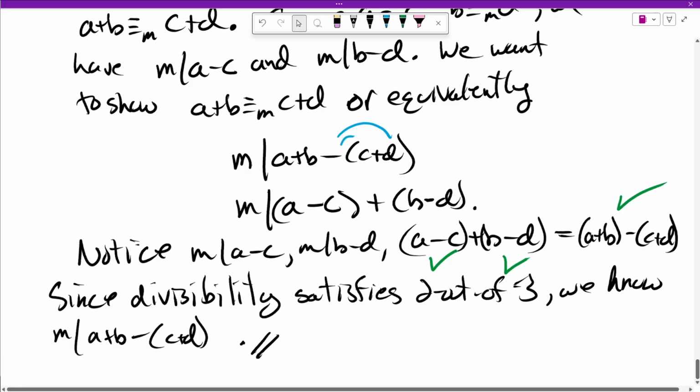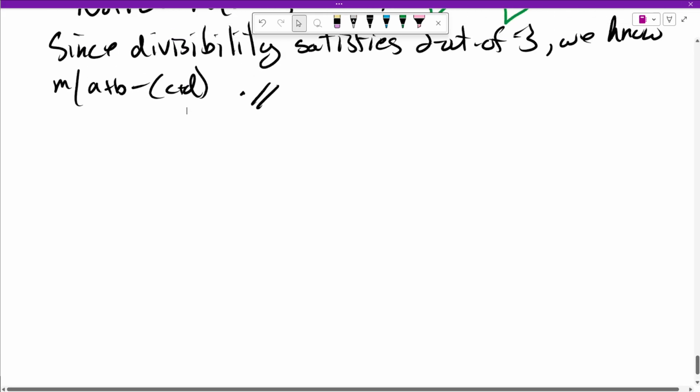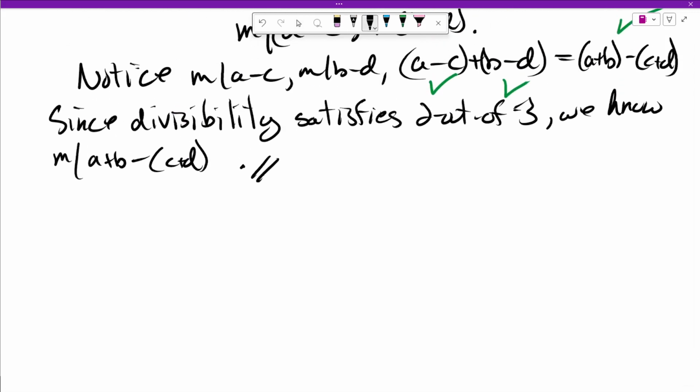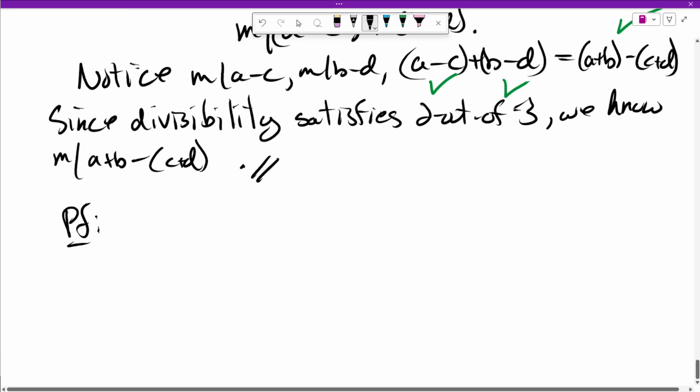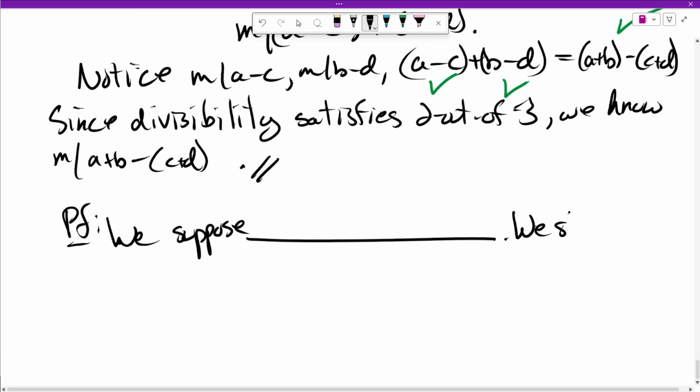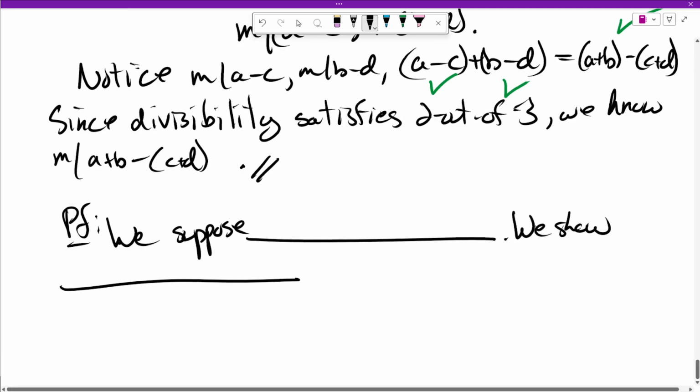Now, alternatively, we could have been a little bit more verbose here. So we could continue with we suppose and then copy in the supposition, we show, and then copy in what we want to show.